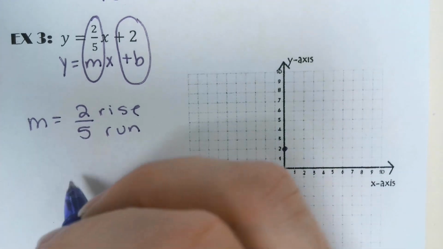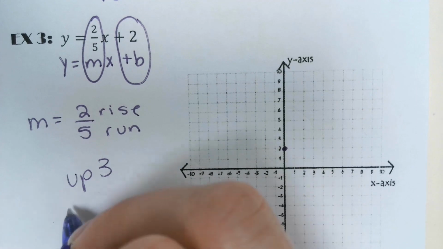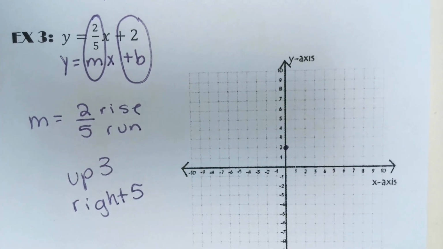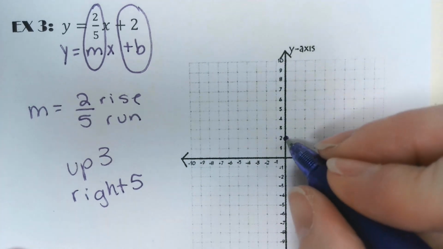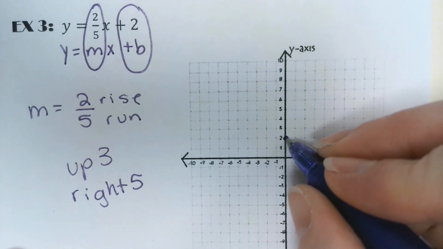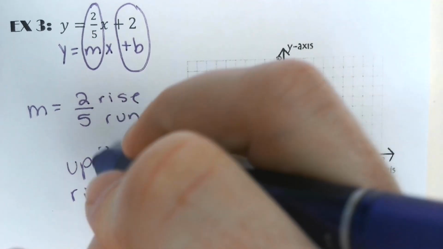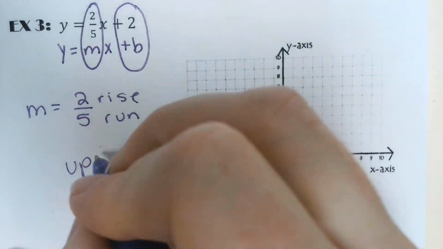So a rise 2 means up 2. A run means right 5. Always go right unless you're doing the complete opposite. So we're going to go up 3, right, or up 2. Why'd I write 3? Y'all correct me if I'm wrong.